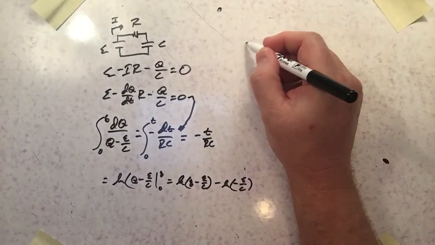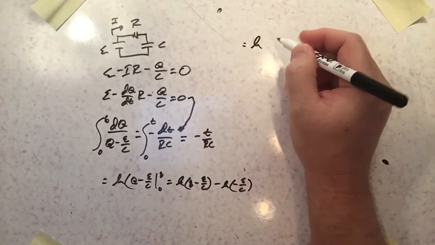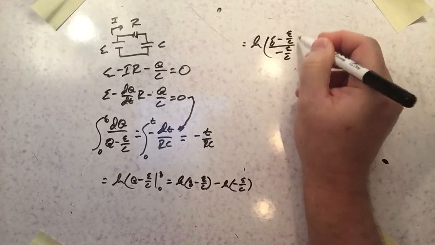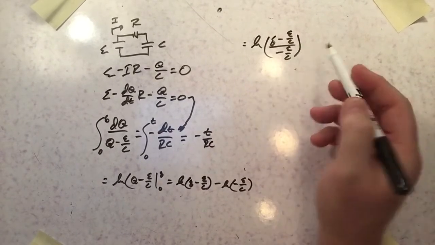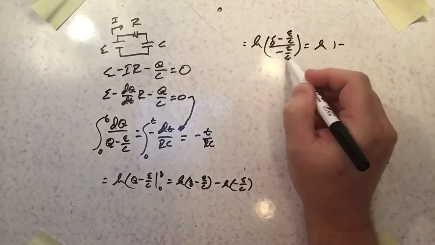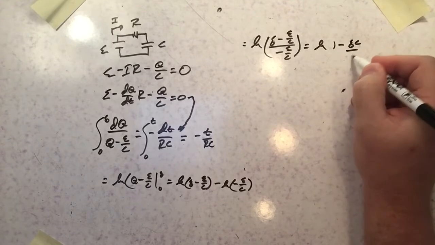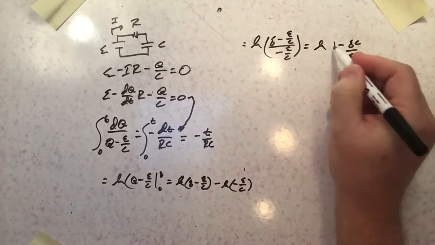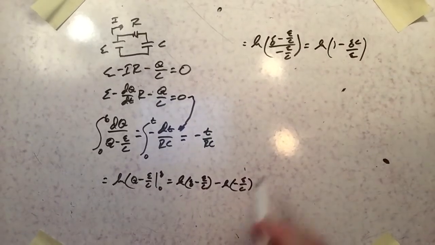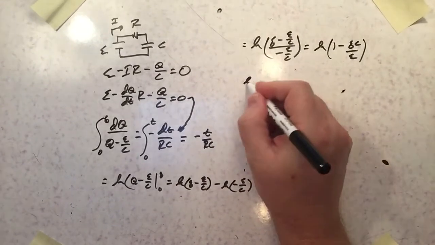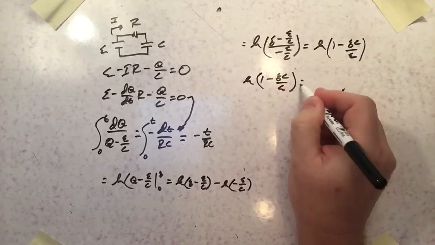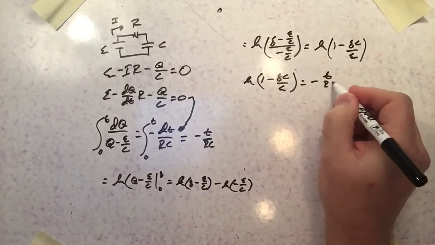So the left side is also going to be ln of Q minus E over C divided by minus E over C. And of course that denominator applies to both numerators, so this is going to be the ln of 1 minus QC over E. And that becomes the left side, so the full integral is right there. We can now write that ln of 1 minus QC over E is then equal to negative t over RC.